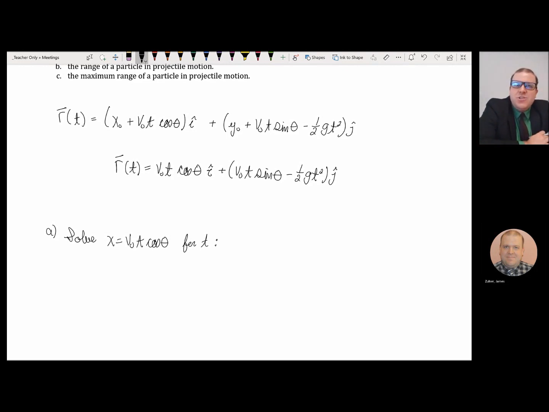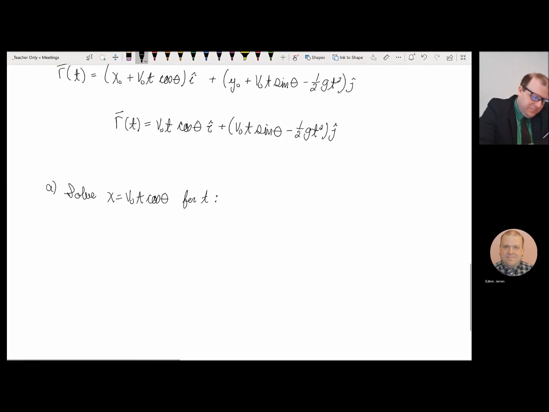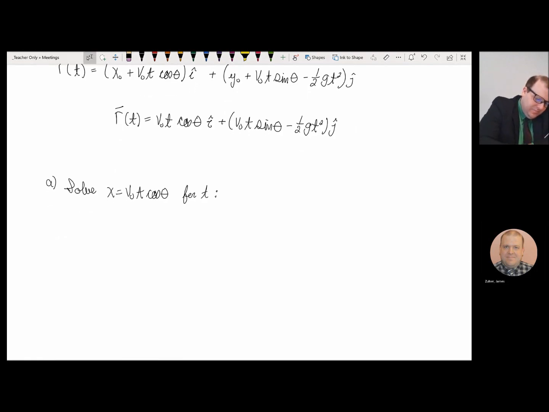We're going to write t as a function of x. Well, that's easy. T is x over v naught all times secant of theta.